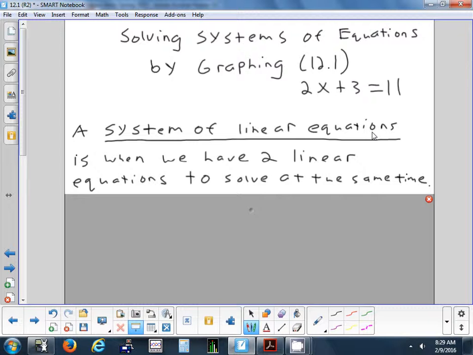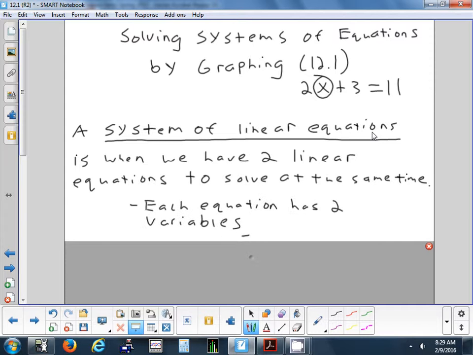And we'd solve this equation. One equation, one letter. Now what we're going to do is look at solving a system. What a system is, we're going to have two equations, and we're going to solve for two letters. So that's what this means.